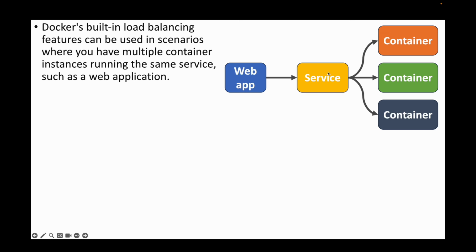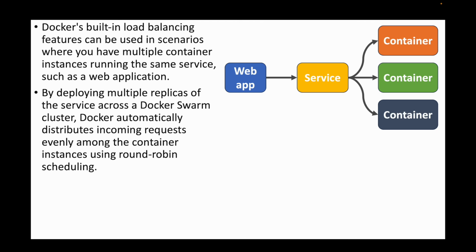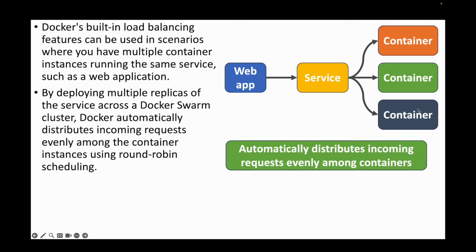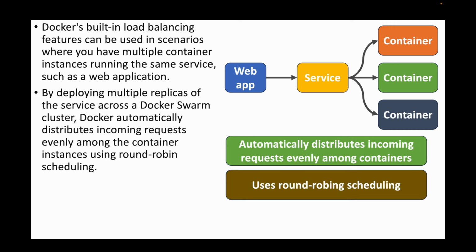For this web application, we have a service, and then for this service, we have multiple containers. In this scenario, we can make use of Docker's built-in load balancing. So by deploying these multiple replicas of the service or your containers across a Docker Swarm cluster, Docker will automatically distribute the incoming requests among these container instances using round robin scheduling by default.